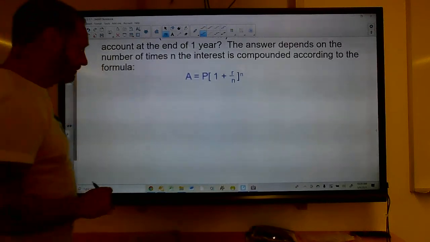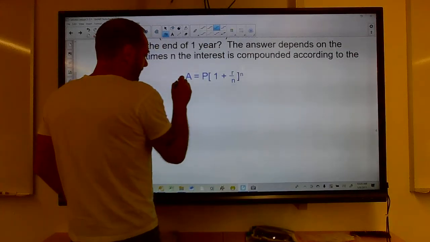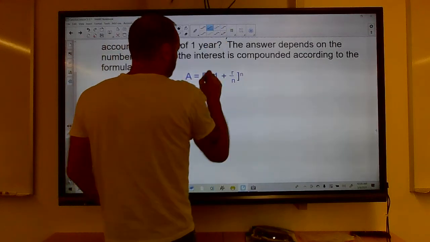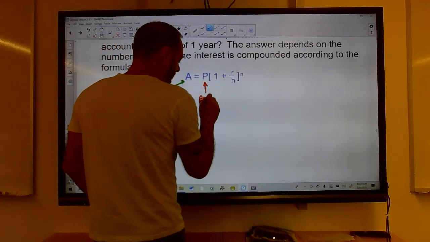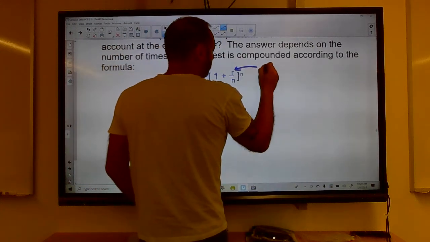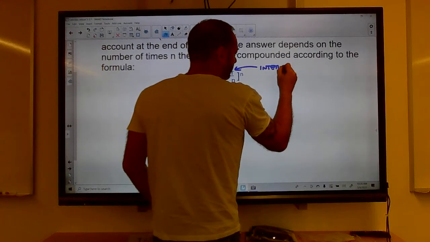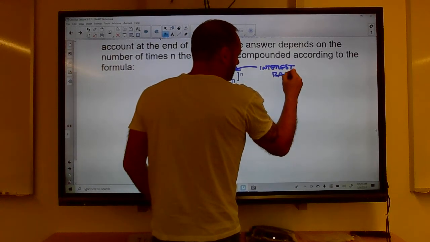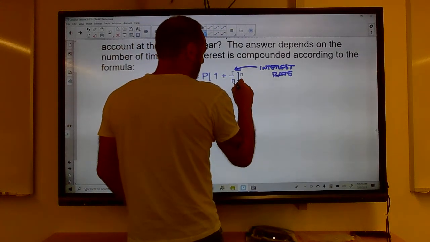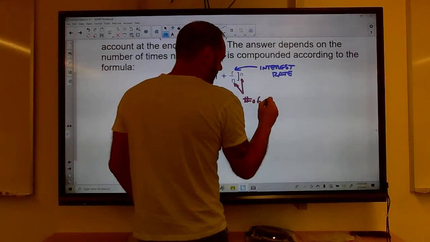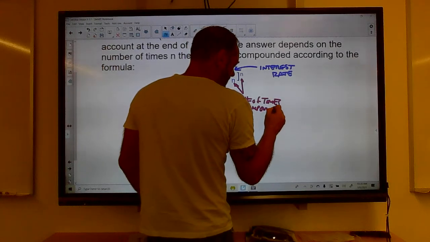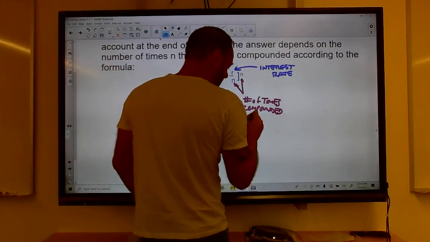Okay, so here's our formula. Remember, A stood for amount. That's how much you have at the end. P stands for principal. That's how much you deposit or how much you initially borrow. R was your interest rate, expressed as a decimal. N was the number of times your money is compounded per year.